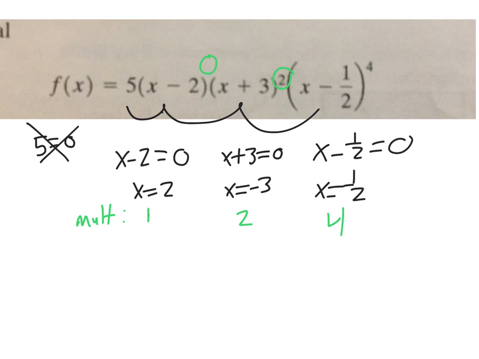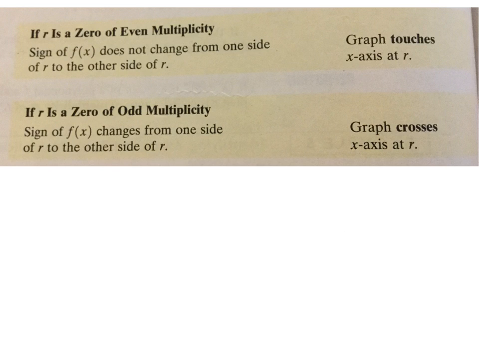Now we're going to talk about what that means graphically. Okay. So right here, we're pretending that we have an x-intercept at some number r. Okay? R can be any number. It's just where the intercept occurs.